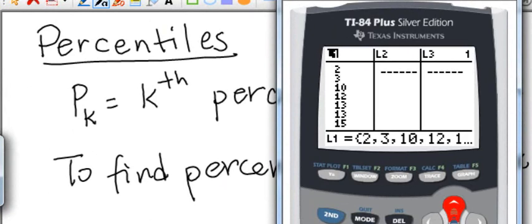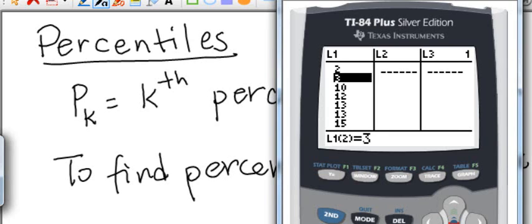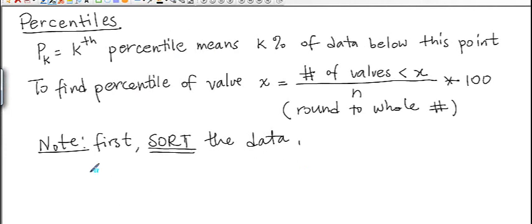Now let's pick a number. What percentile is 15? Based on our formula, we want to look at the number of values less than 15. How many values do I have less than 15? I have 1, 2, 3, 4, 5, 6. Six values less than 15, and in total I had 9 pieces of data.